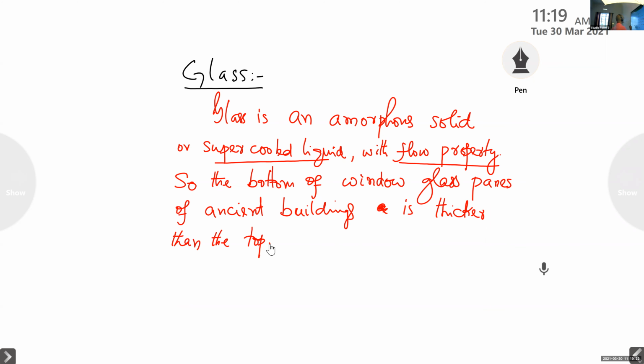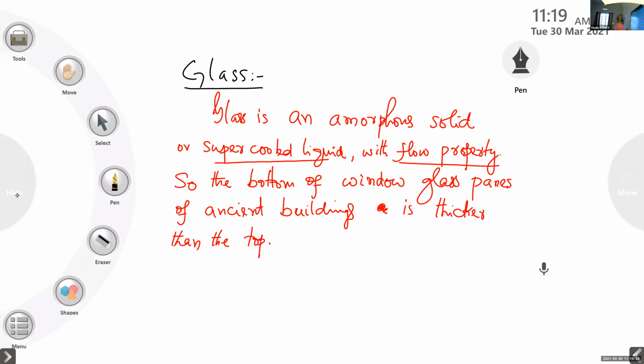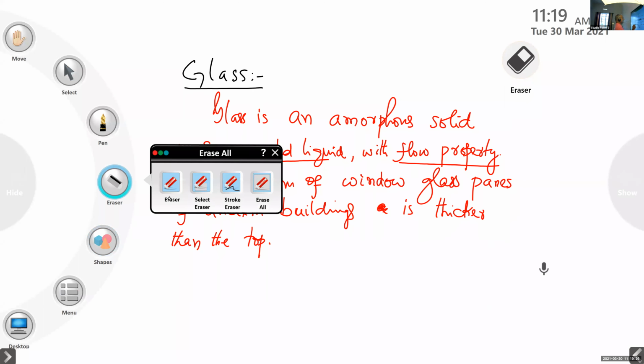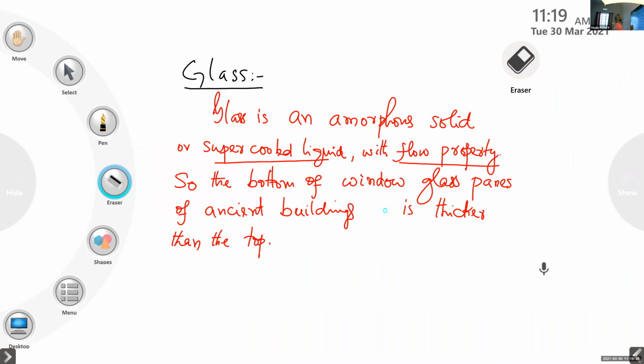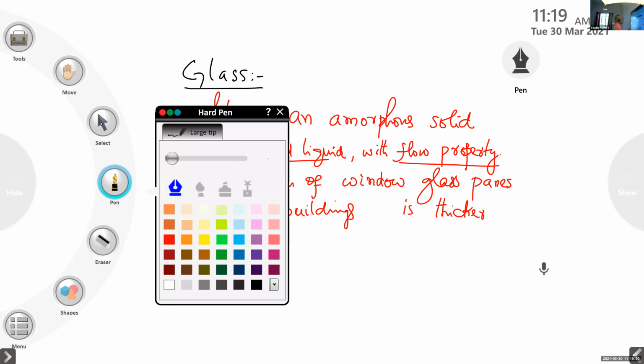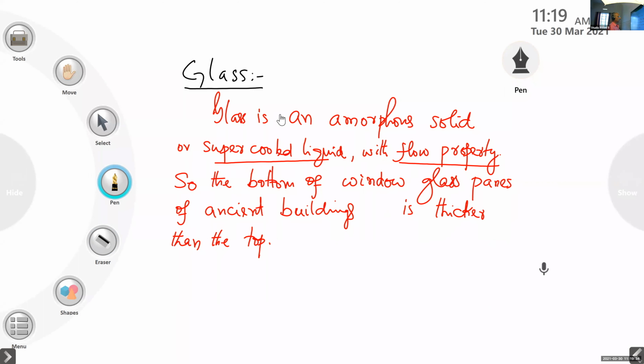So we can expect a question from this side. Why is it thicker at the bottom? It is thicker at the bottom because of the flow property of glass. Written.